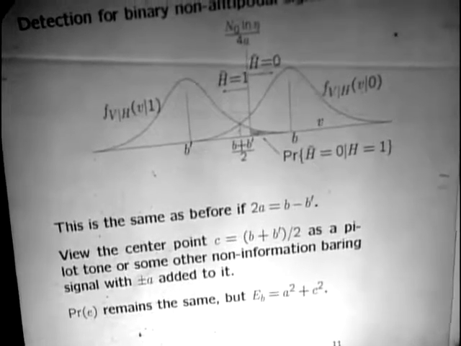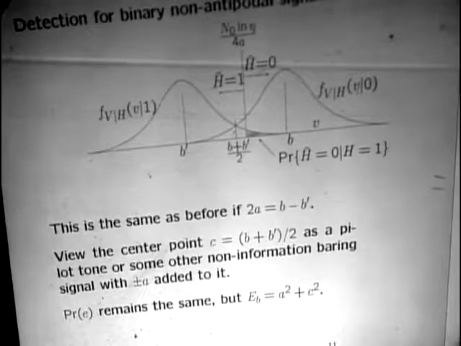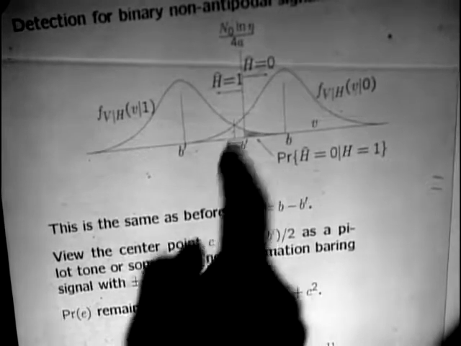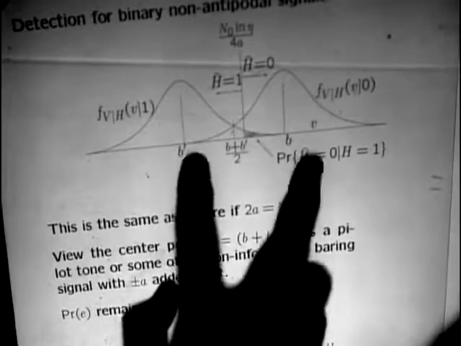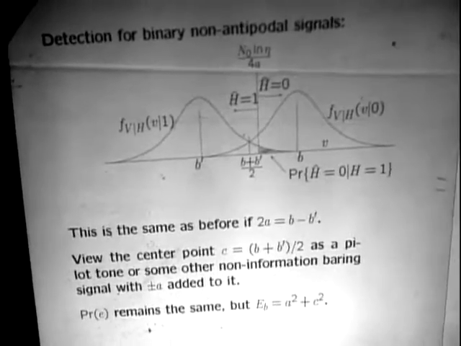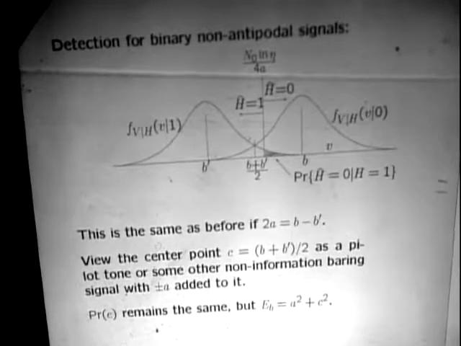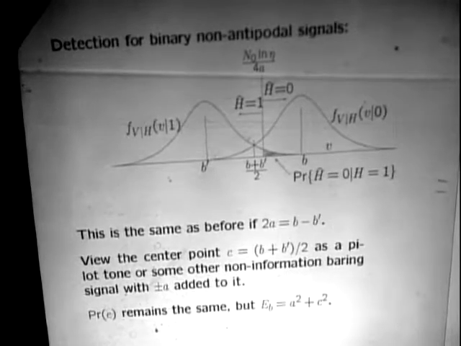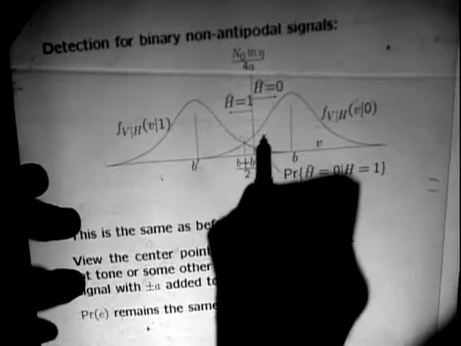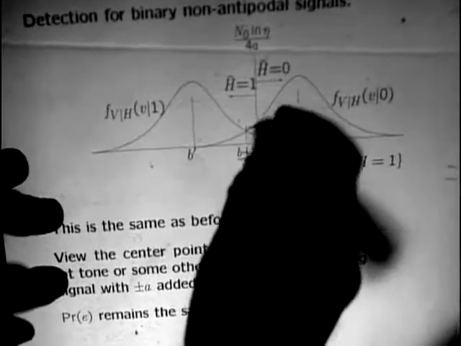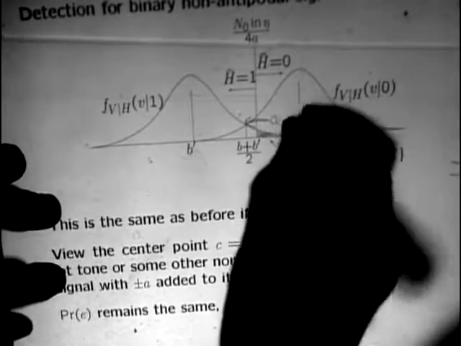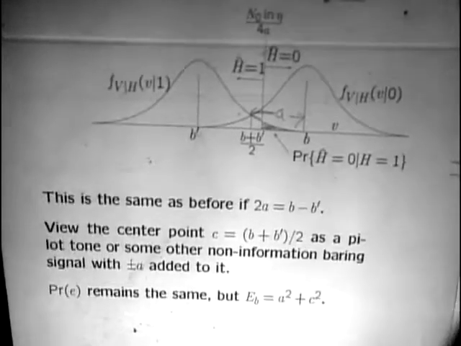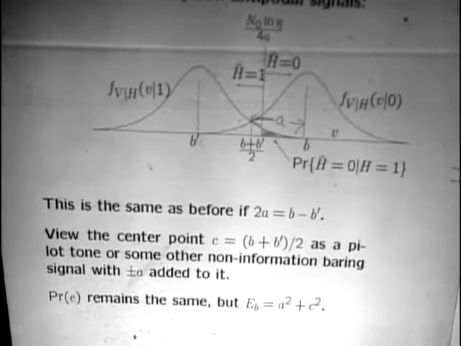And it is, in fact, the same curve that we drew before, if I replace 0 with the center point between these two, which is (b plus b prime) over 2. And if I then define a as this distance in here, the probability of error that I calculated before is the same as it was before.